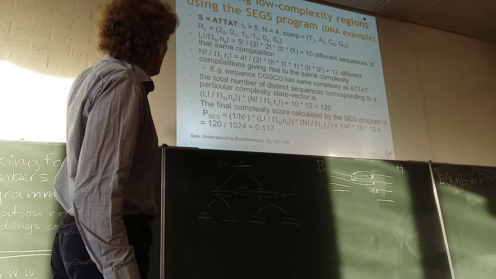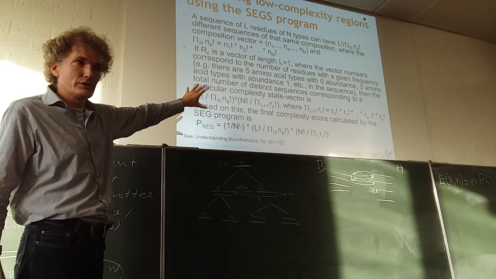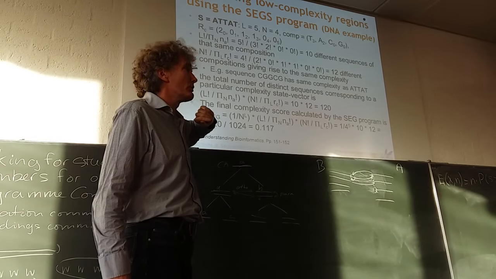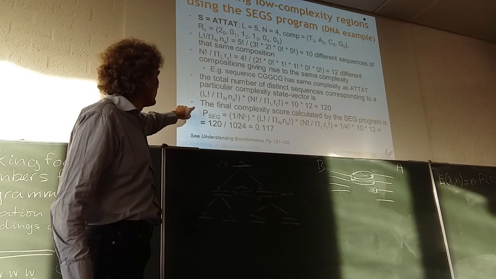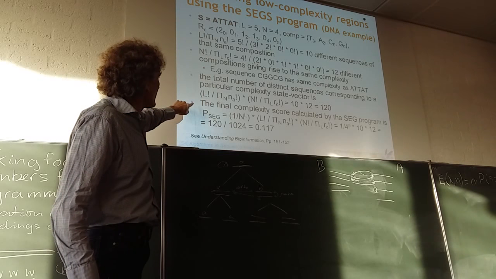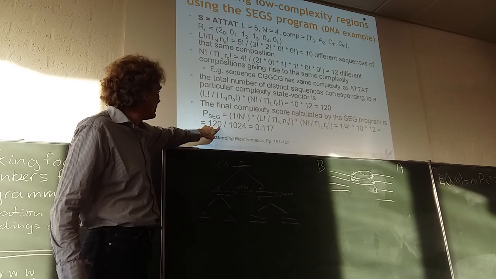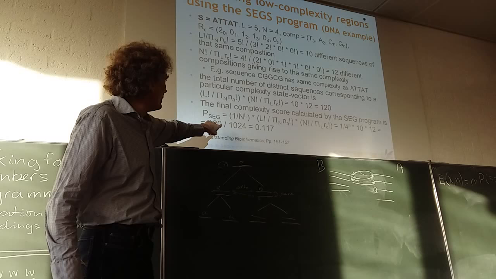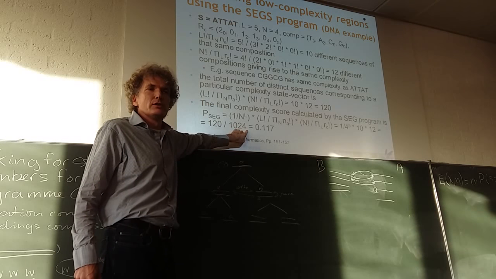Okay, so that's what actually was on the previous slide, but here it's concrete, not concrete in the previous one. And then you normalize this, so this here is the 120 again, by 1024. What's 1024 in this case?